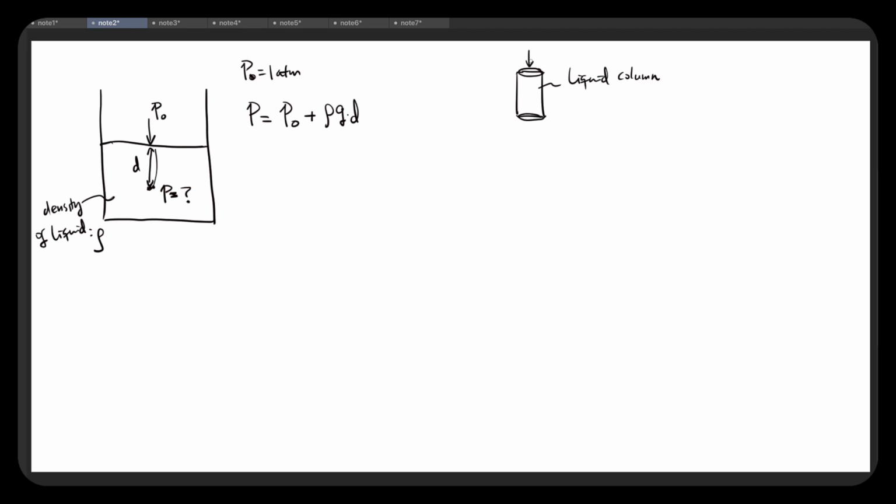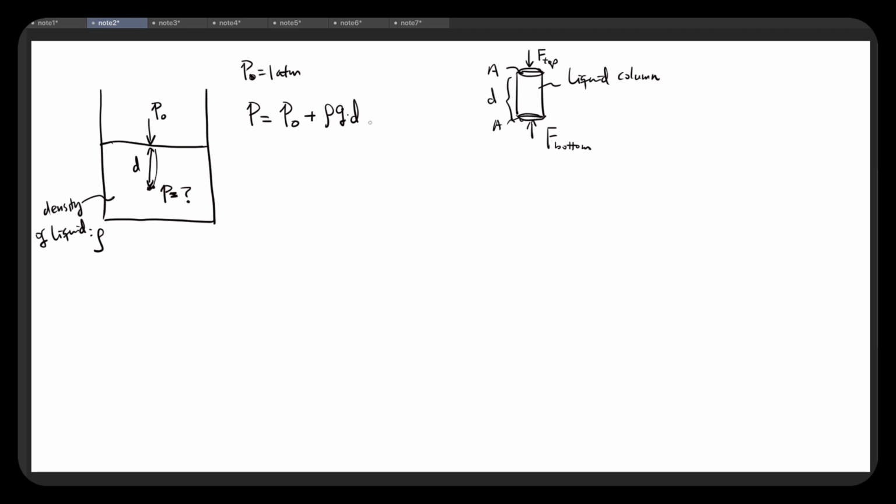And it experiences a force, let's call this F top. Now the bottom here also experiences a force F bottom pointing upward, and the area here is A, and also A here. Now the height here is d.